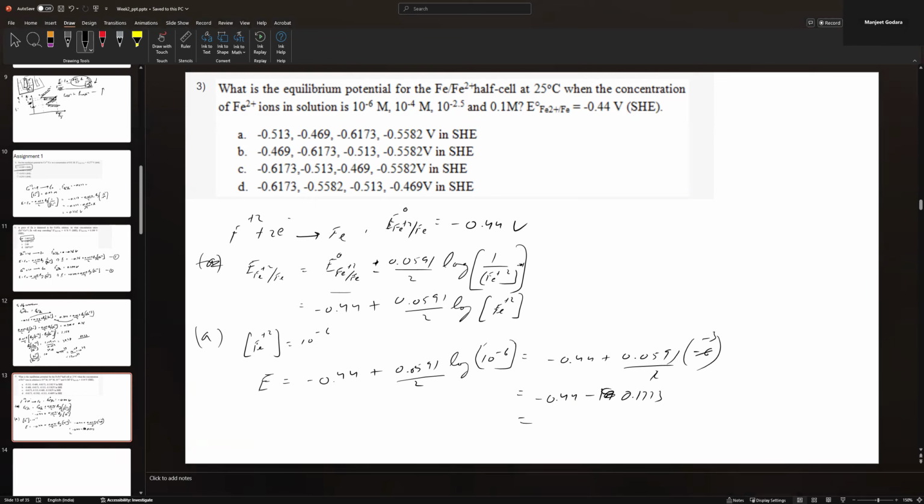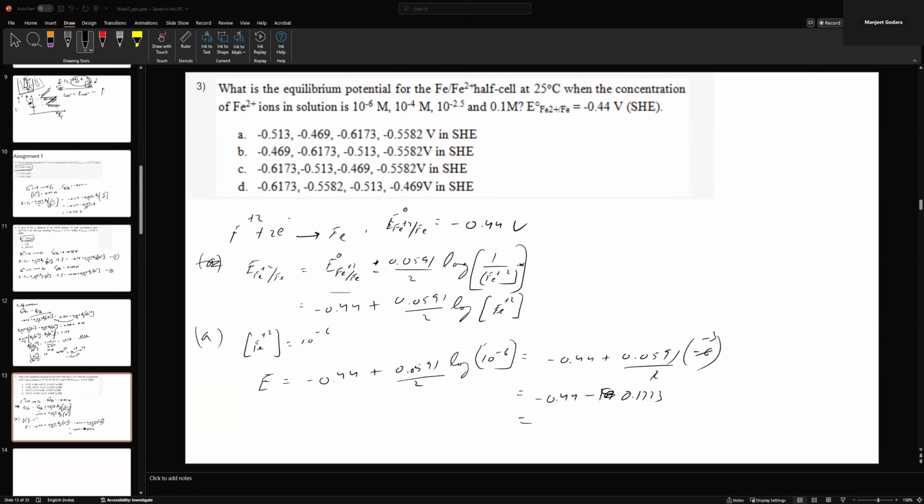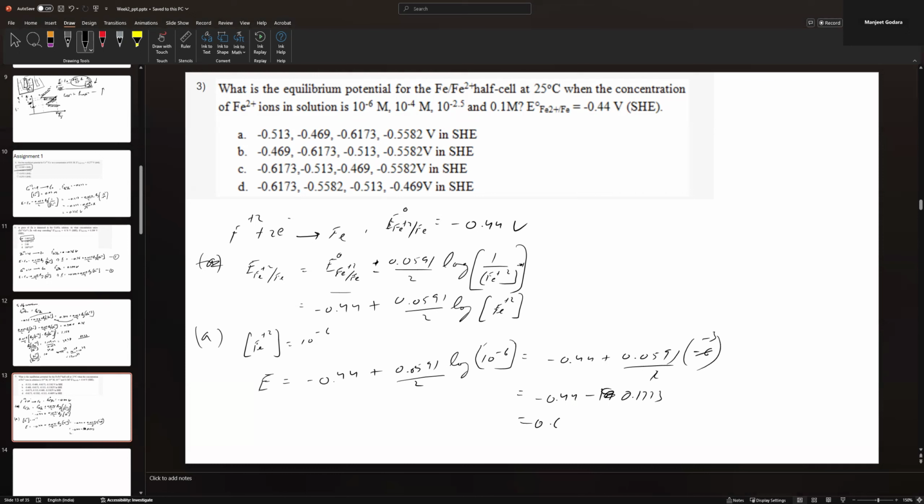Add these two, we get -0.44 minus 0.1773, which gives -0.6173.